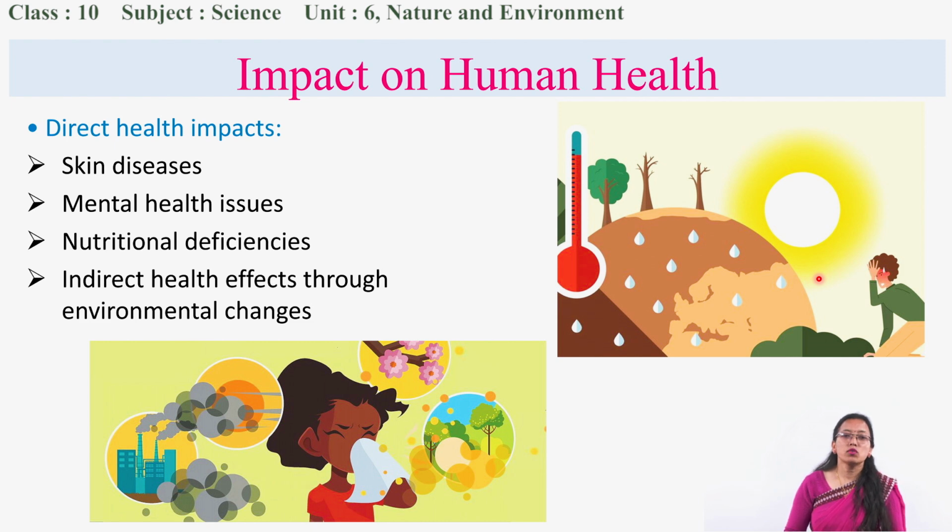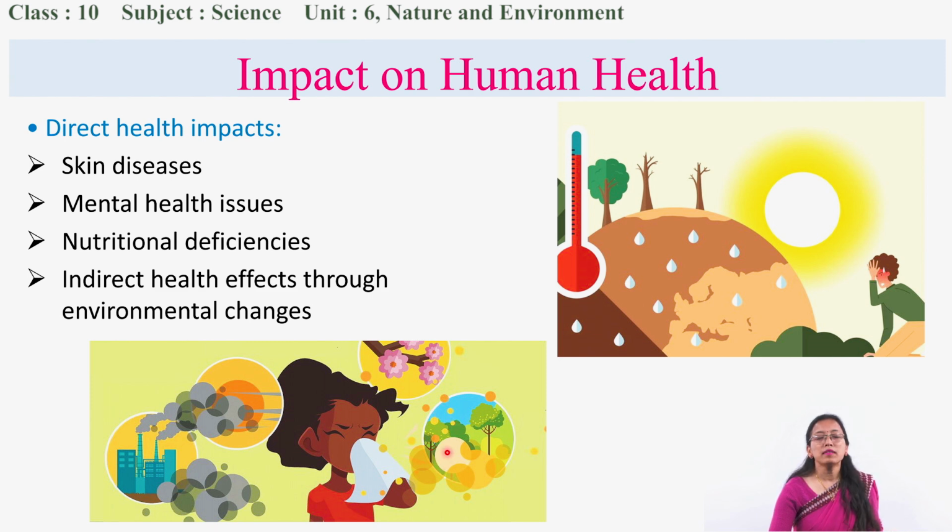Indirect health effects through environmental changes are also seen. These are direct effects, but some indirect effects are also seen on health. That means long-term effects. Now we don't see any effect, but over a long time various kinds of long-term diseases may occur.